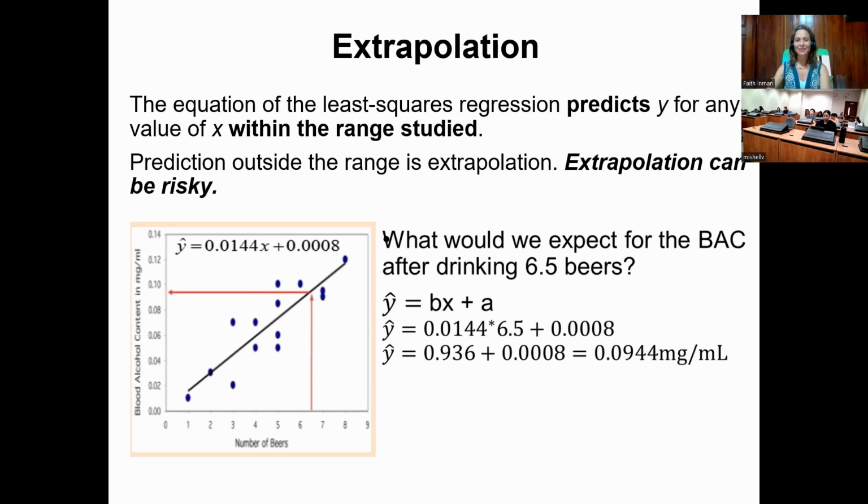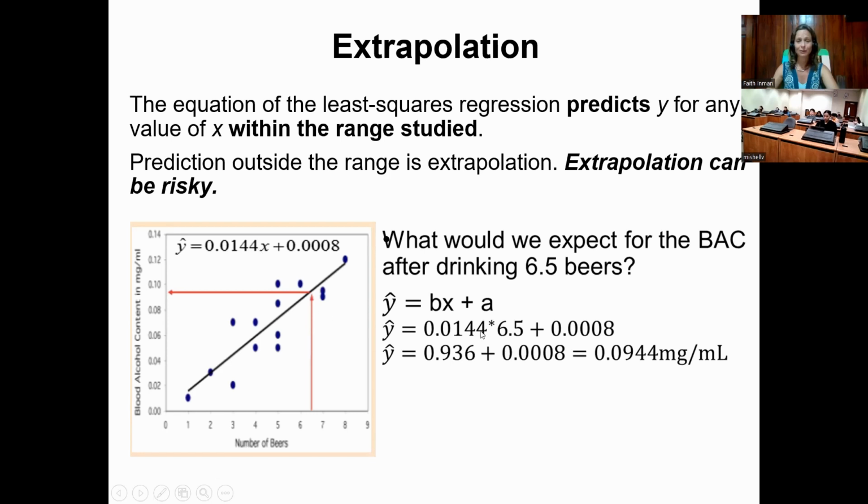And here we have the example of beers and blood alcohol content again. So what would we expect for the blood alcohol content after drinking 6.5 beers, right? 6.5 beers is right here. So if you take predicted y equals bx plus a, then that would be a slope, right? Here's our slope of the equation on the graph, 0.0144.